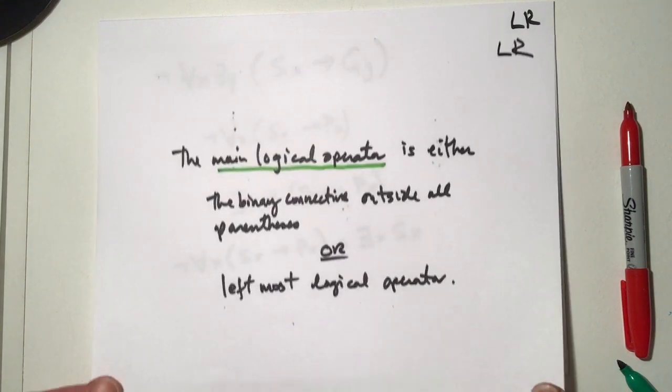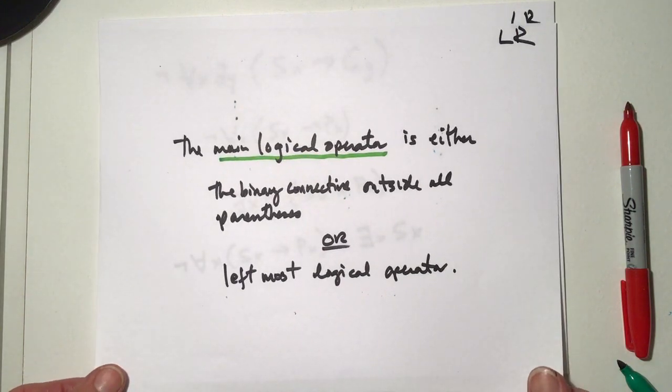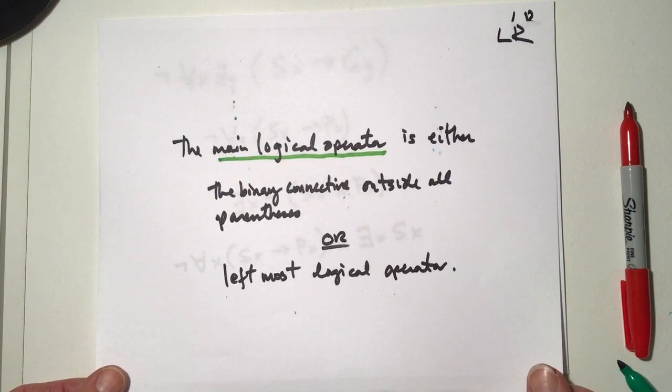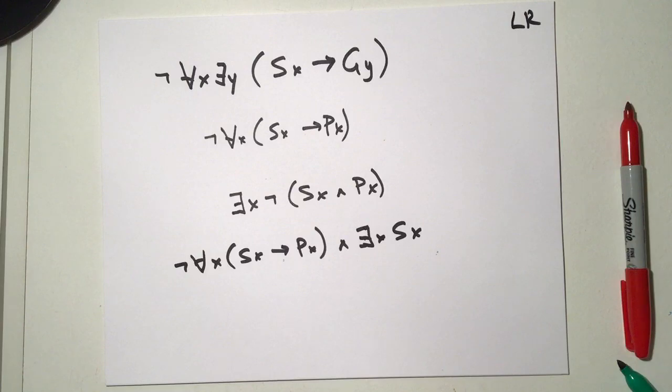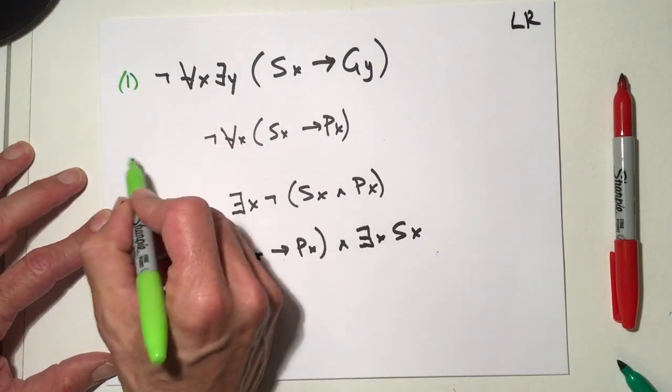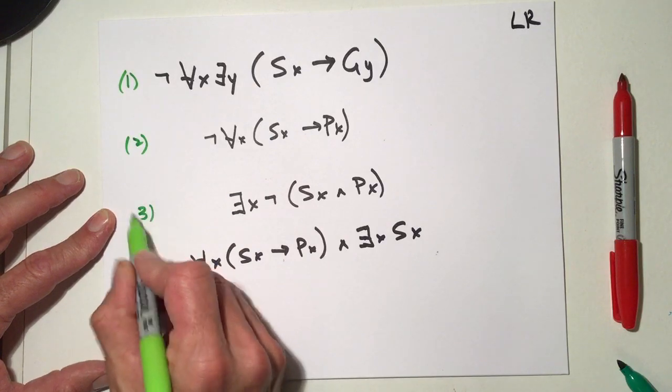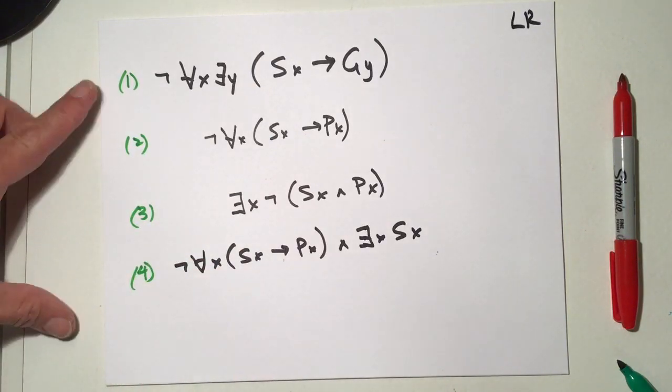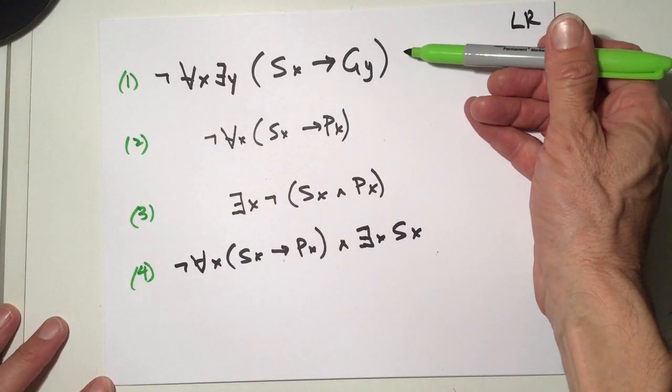It says the main logical operator is either the binary connective outside all parentheses, or if there isn't a binary connective outside all parentheses, the leftmost logical operator. Okay, so let's number these so we can refer to them. 1, 2, 3, 4.